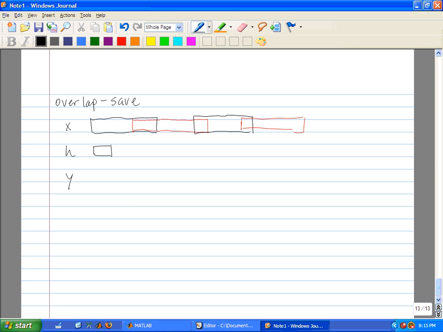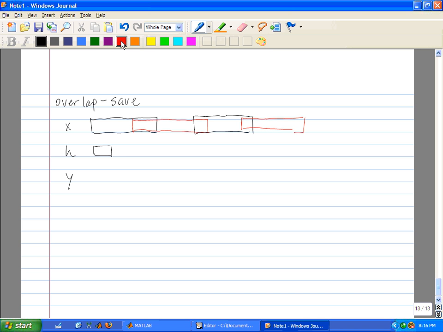If you know the length of each of the component signals, and you know the length of the circular convolution, you can predict every time which samples were not affected by the overlap. You just keep those, and that's it.